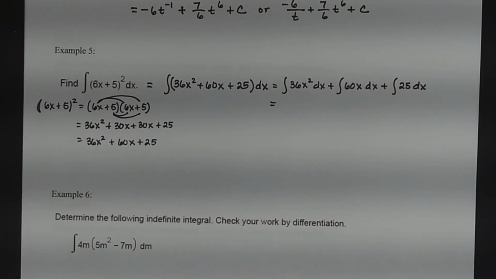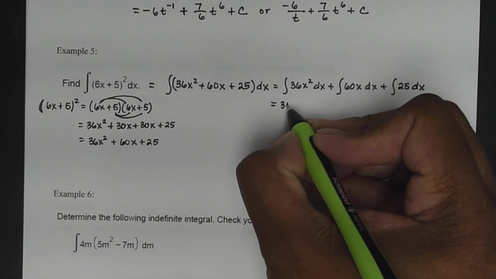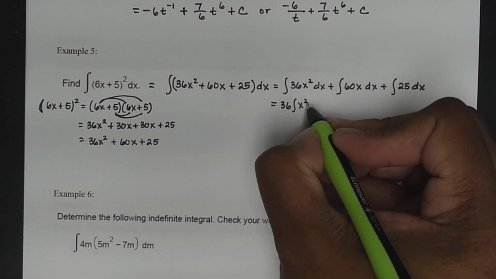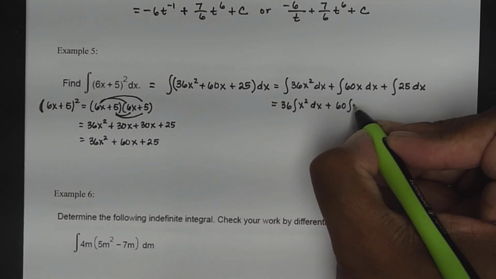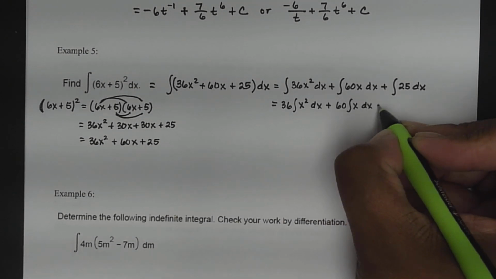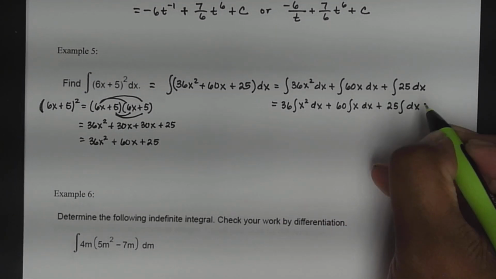Okay, so now, using the constant multiple rule, I can pull the constant out in front. So it'll be 36 times the integral of x squared dx plus 60 times the integral of x dx plus 25 times the integral dx.